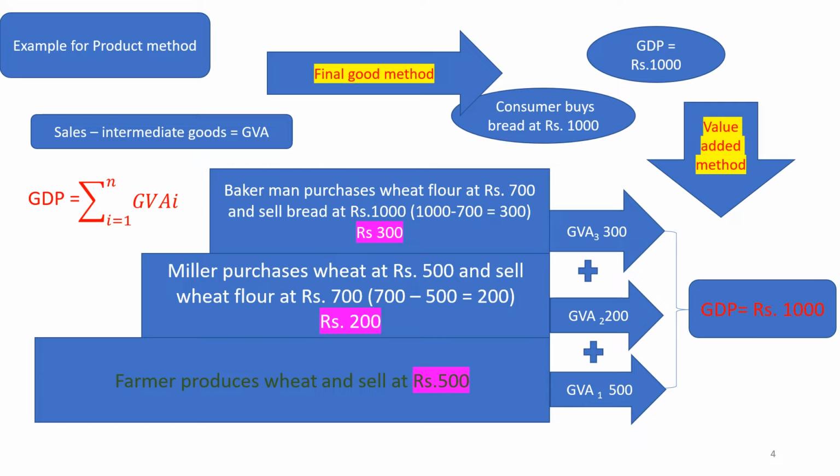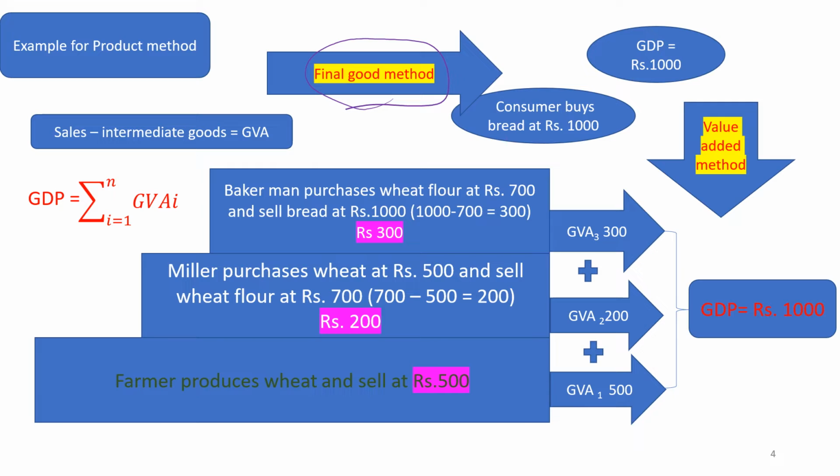Dear students, under product method, when you are adding final goods, there may be a possibility of double counting. As we discussed, whether a good is final does not depend on the nature of the good, but on the economic nature of its use.